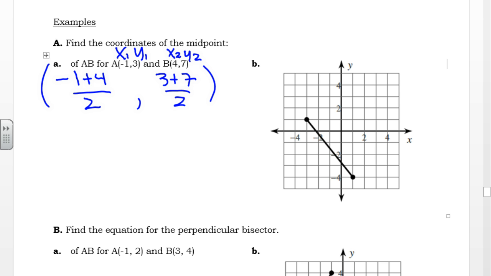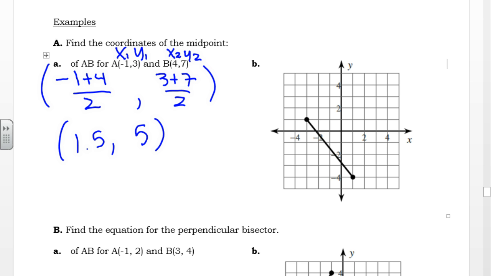The way that this is set up, you could not just type this in your calculator. Do not just type -1 plus 4 divided by 2. Order of operations, we need to do the numerator and then divide by 2. So -1 plus 4 is 3, 3 over 2 is 1.5. 3 plus 7 is 10, 10 over 2 is 5. So the midpoint will be 1.5 and 5.